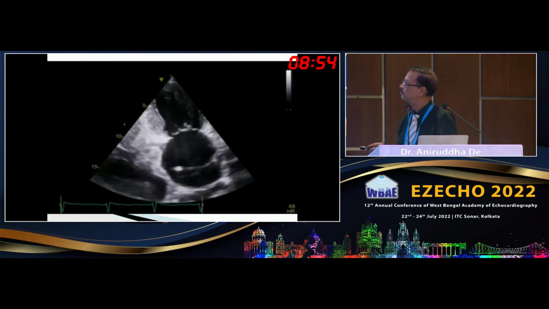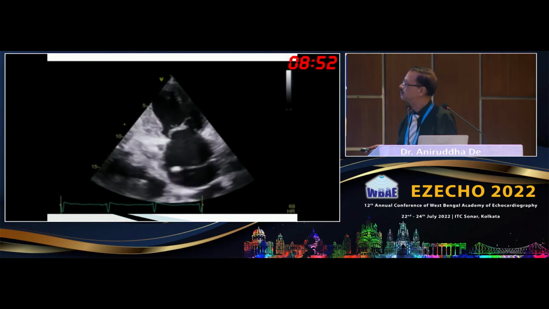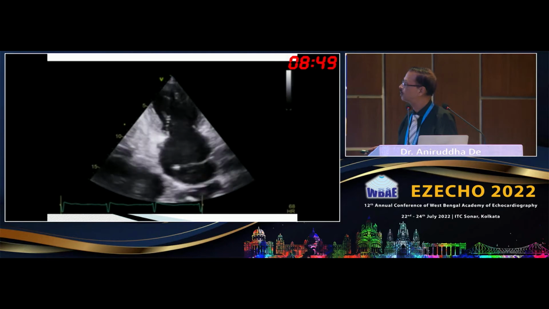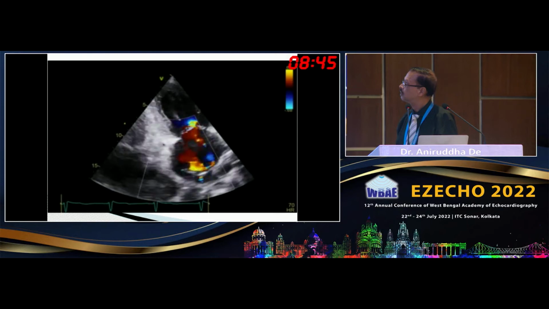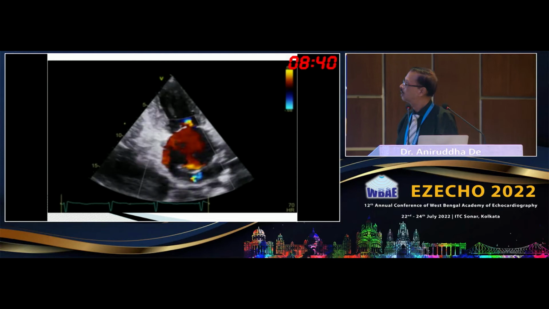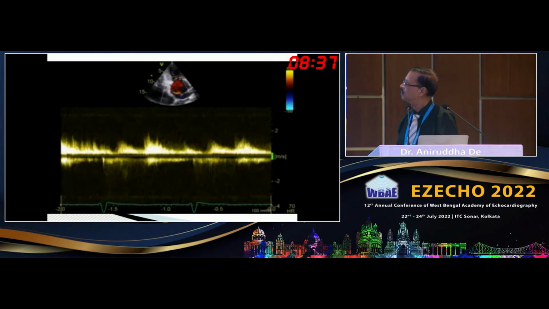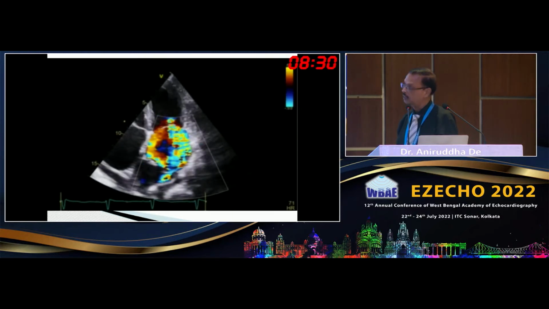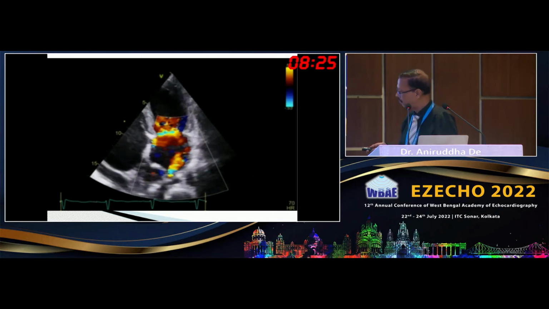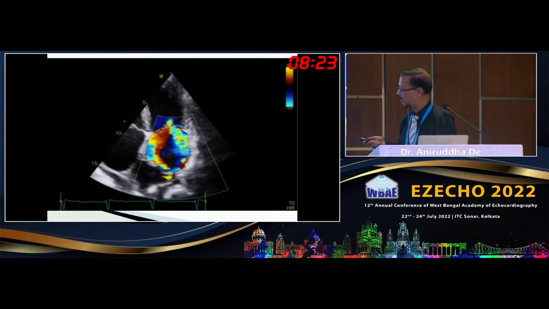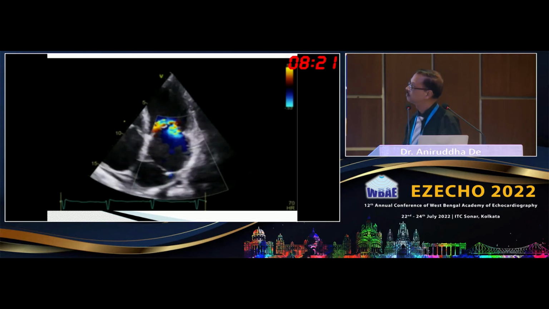You can see there is a partition in the left atrium with an aperture, and see the MR. There is not much of a gradient across the two chambers. No, but there is a continuous flow. Yes, there is a continuous flow, and there is an MR also, and a diastolic flow here. But on the venous circulation, you will never get a gradient.